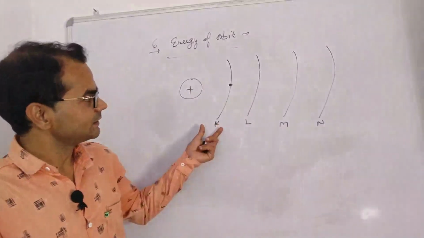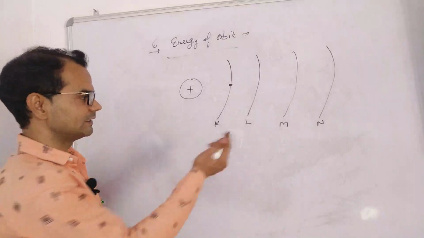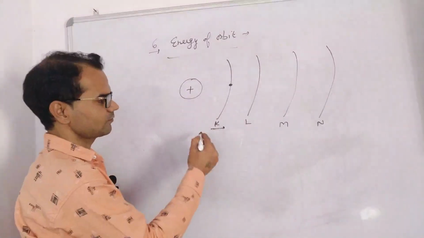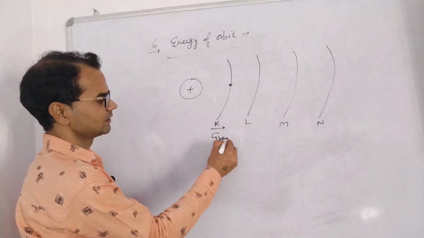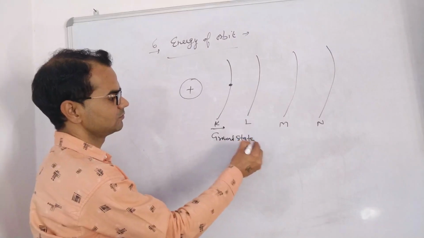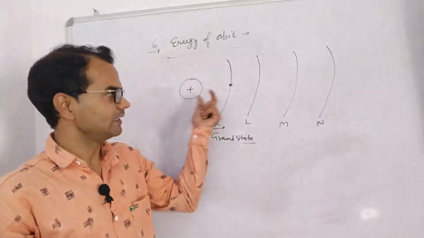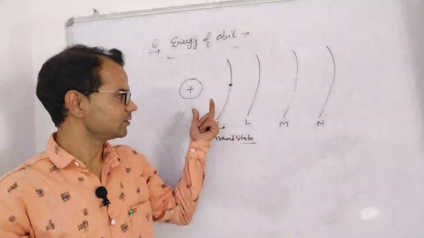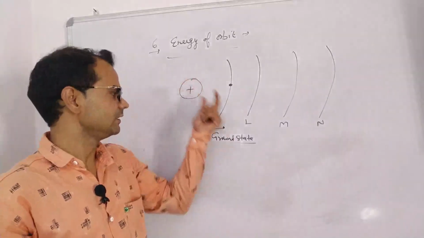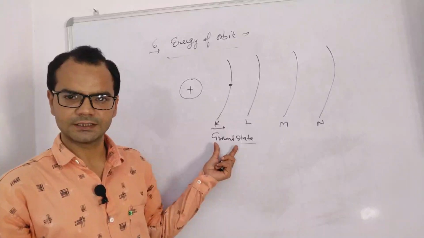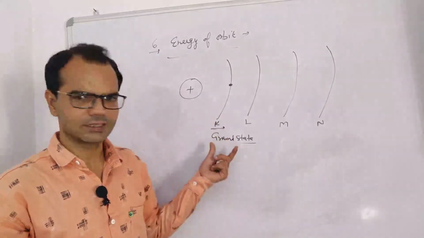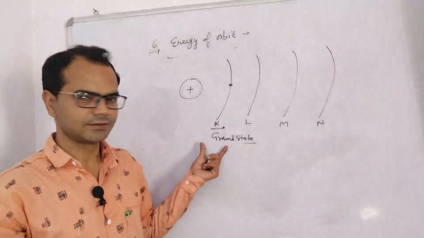If the electron is present in the first shell, then that shell is called the ground state. If the electron is not absorbing any energy and not releasing any energy, then it is present in a stationary shell. That shell is called the ground state or a stationary energy orbit.